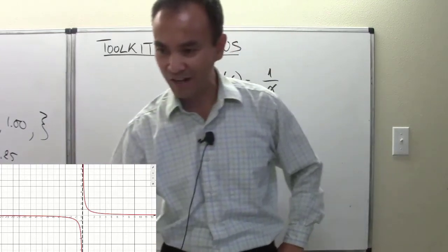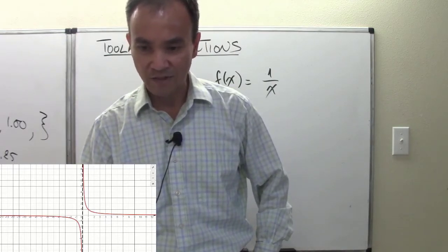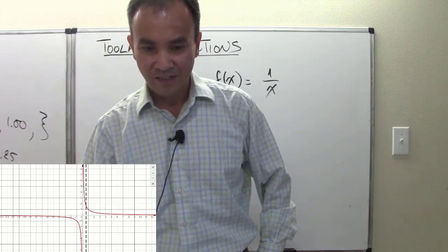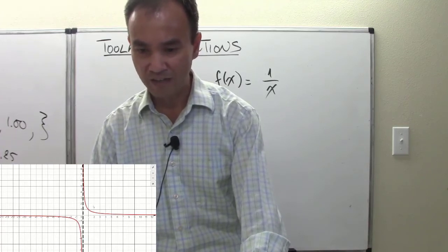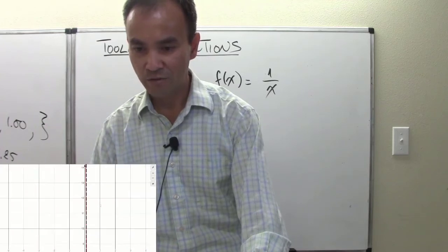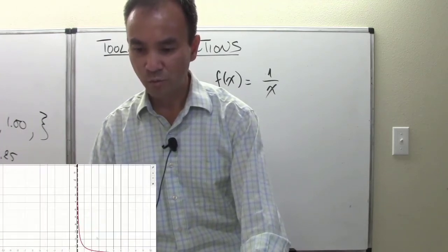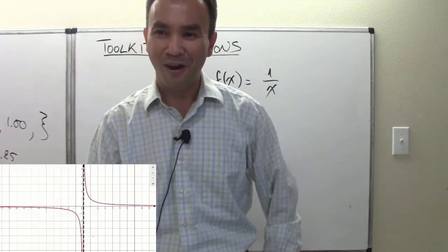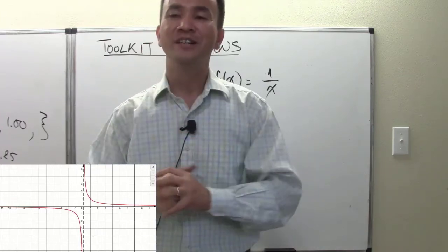Now on the right-hand side of 0, when an input is greater than 0, it's still going to cross, and it can come real close. See, now I'm at a really close place with the graph, and it still crosses. I can even be closer, but the graphing device I'm using will fail to display all that crossing because it cannot tell the difference between the red line and the vertical line anymore.